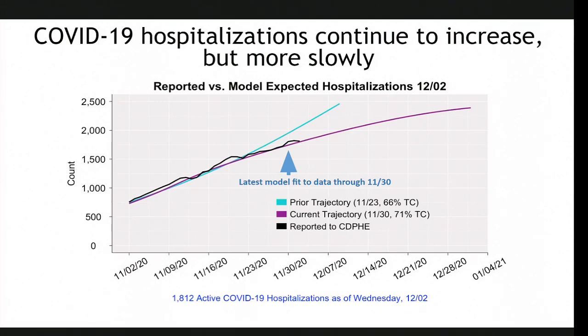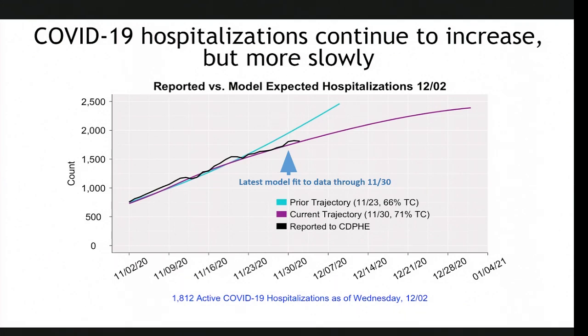The magenta curve at the bottom is the latest estimation of the trajectory of the epidemic in the state. So if you look on the left, we're modeling the counts of people in the hospital, which has been rising, as you just saw, and the curve projects how that rise might occur.